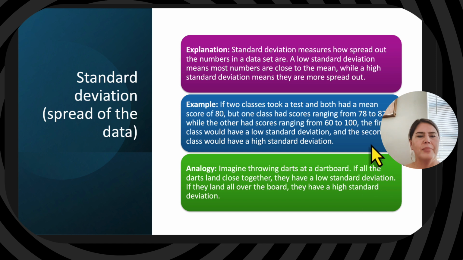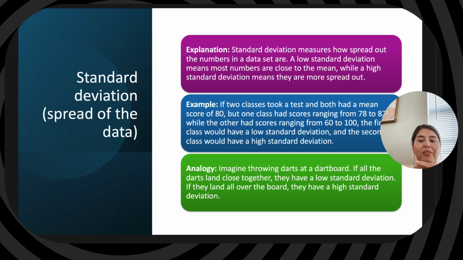So look at this example. If two classes took a test and both had a mean score of 80, but in one class the scores ranged from 78 to 82, and in the other class the scores ranged from 60 to 80, then the first class would have a lower standard deviation and the second class would have a high standard deviation.